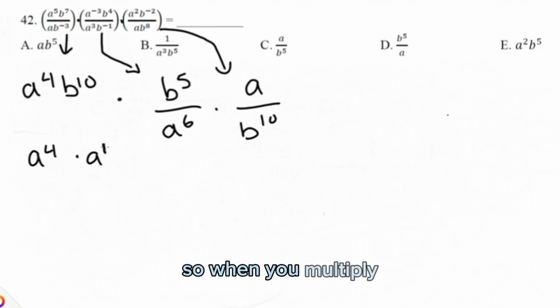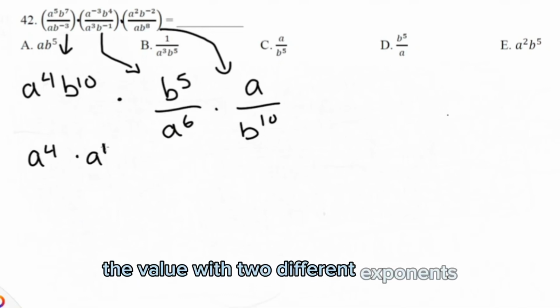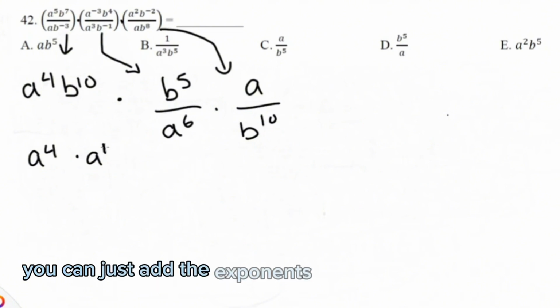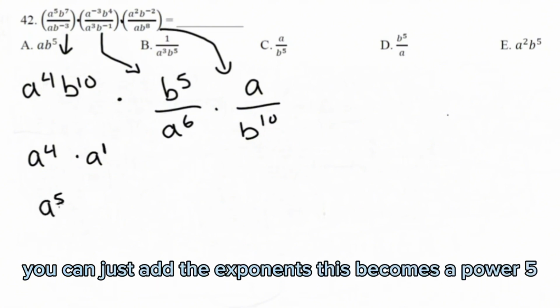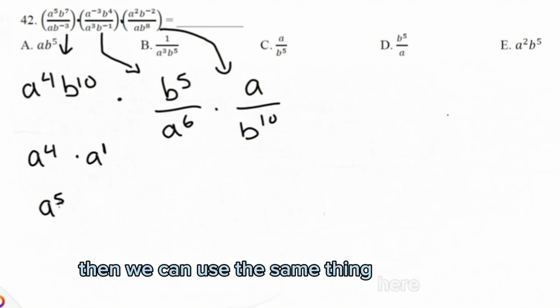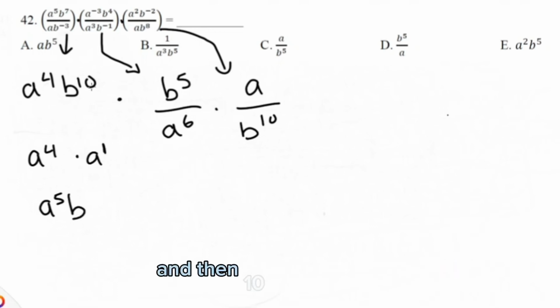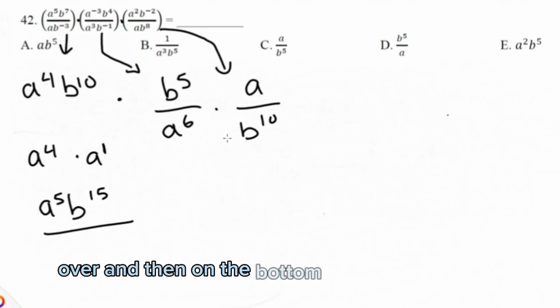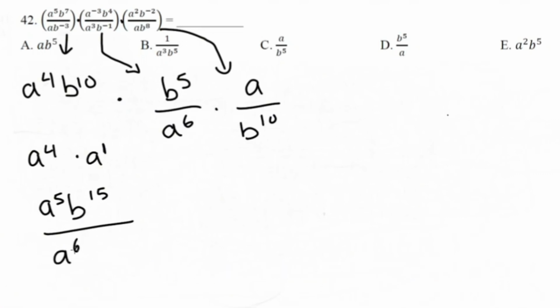When you're multiplying a value with two different exponents, you can just add the exponents. This becomes a to the power 5. So a to the power 5, then we can use the same thing here with b, and 10 plus 5 is 15. Over, and then on the bottom we have a to the power 6 and b to the power 10.